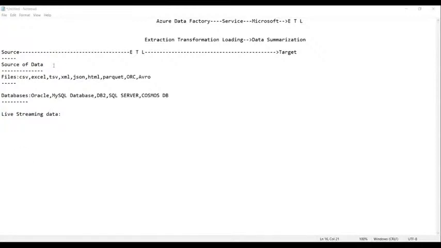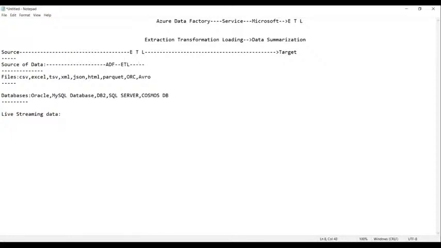So now further, what happens? From the source of data, the data is extracted. For that we use ADF, that is called Azure Data Factory. Using this ADF, we perform the job of ETL, that is extraction, transformation, and loading.